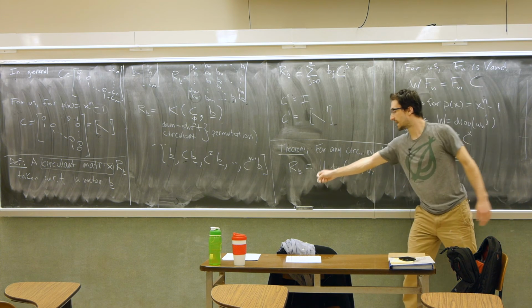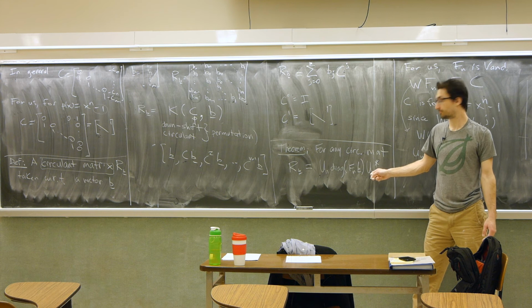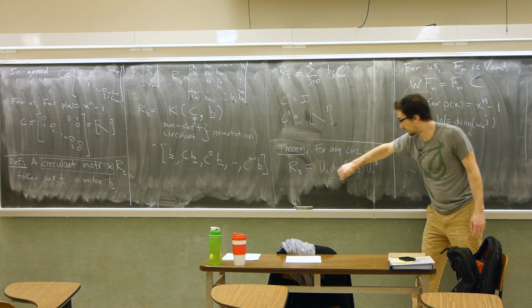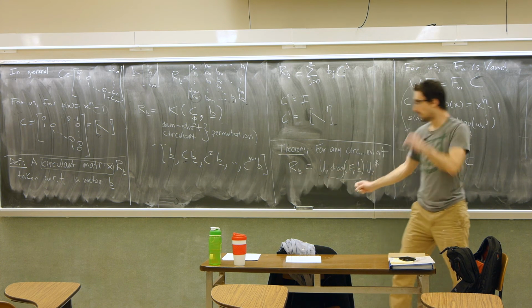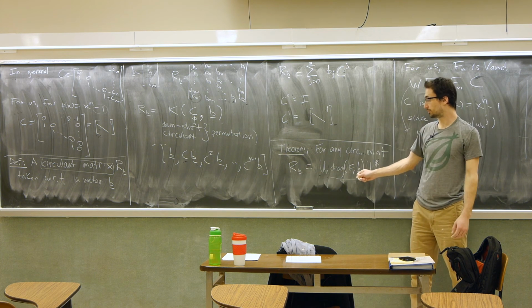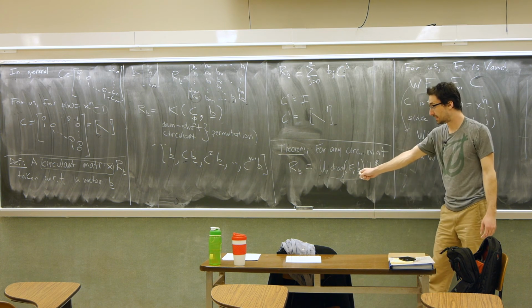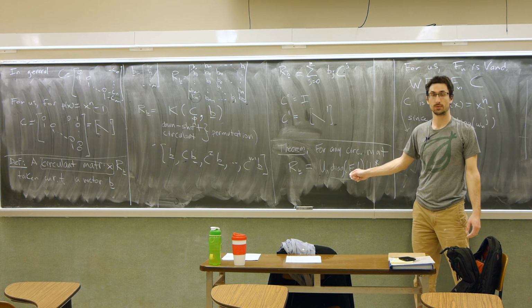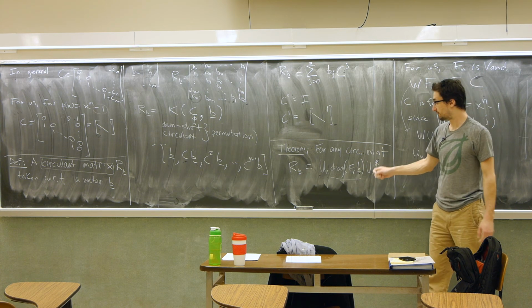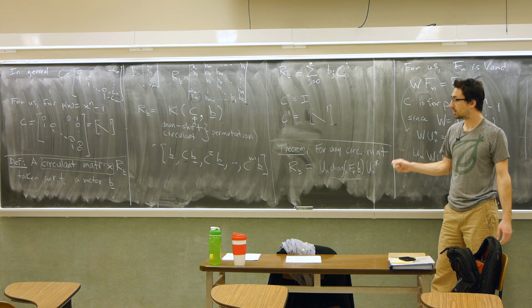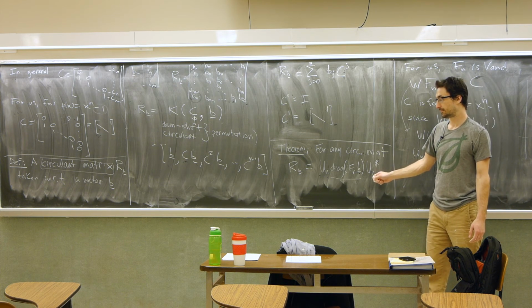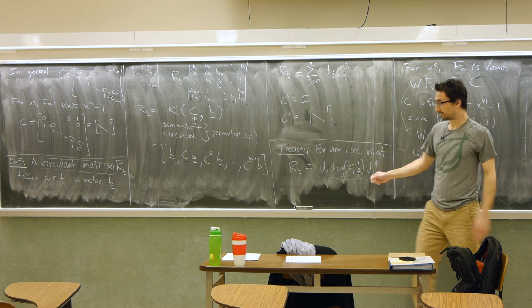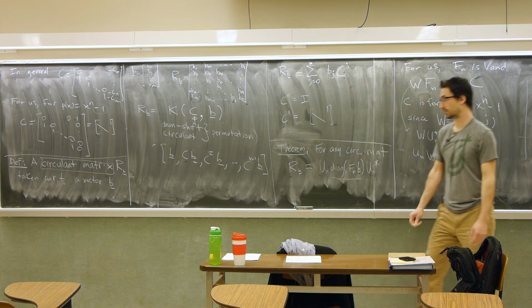U_n conjugate transpose. So here is our scaled Fourier matrix. And then we have the eigenvalues of our circulant matrix, which are easily computed by multiplying that defining vector B by the Fourier matrix. So what this is saying is that the Fourier matrix, in fact, gives all of the orthonormal eigenvectors for the circulant matrix.